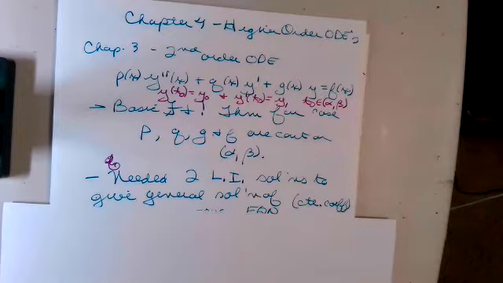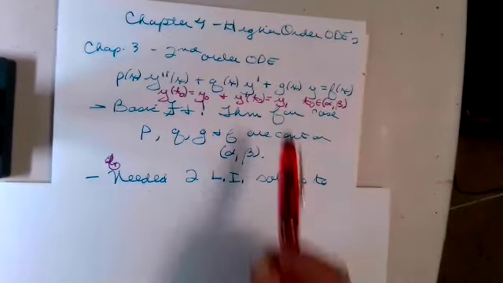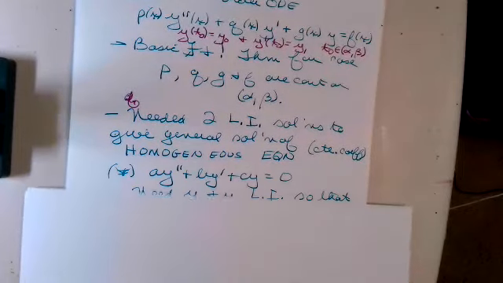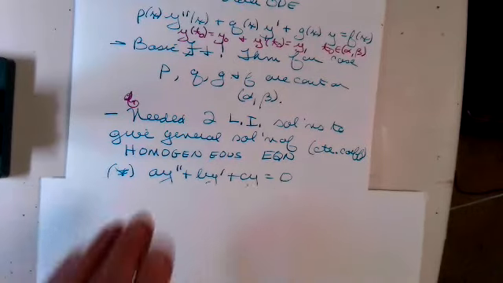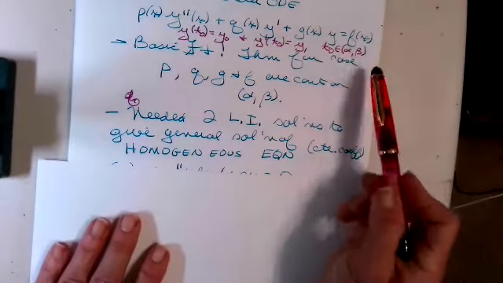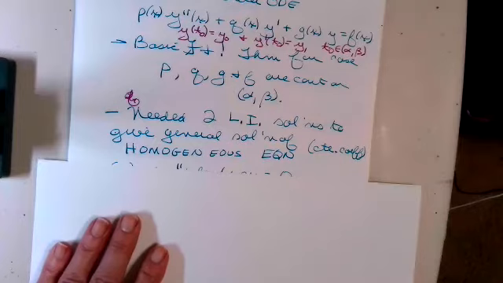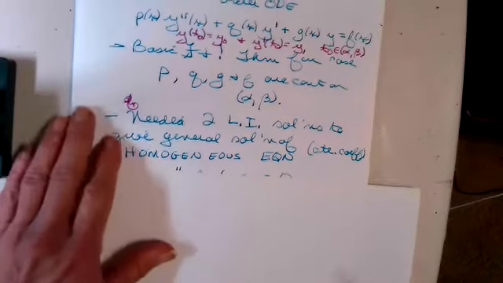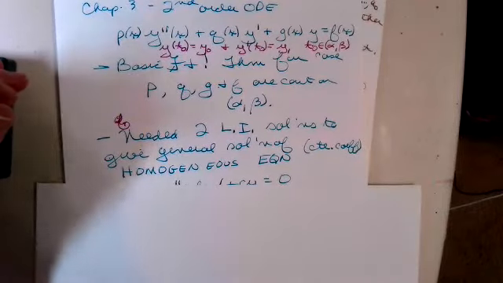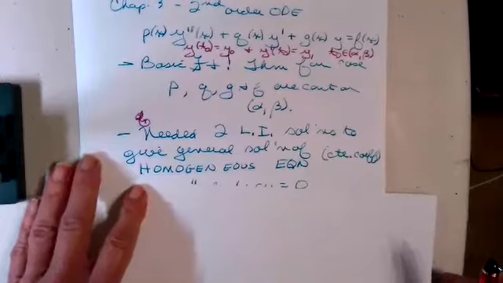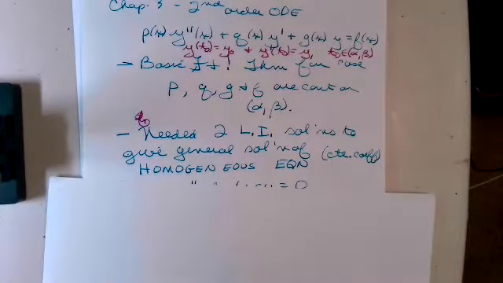But in general, without the initial conditions, you need two linearly independent solutions to specify the general solution of the homogeneous version of that equation. The homogeneous version is where the function f is identically equal to 0.